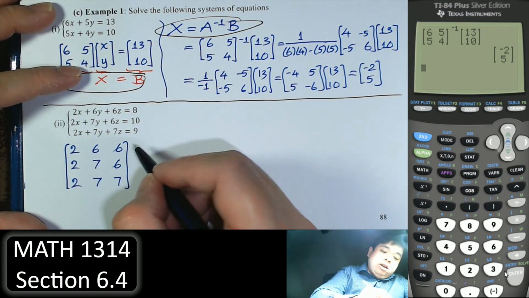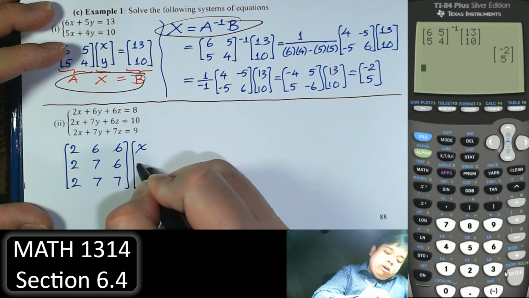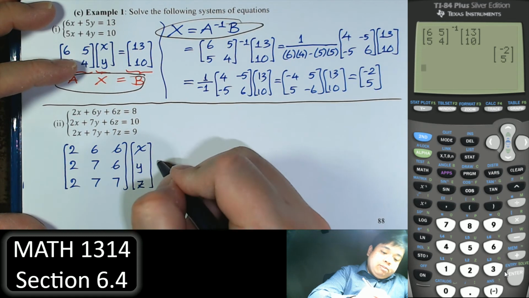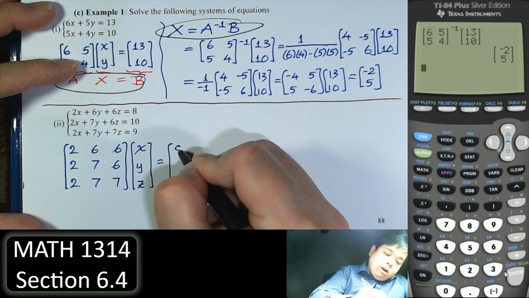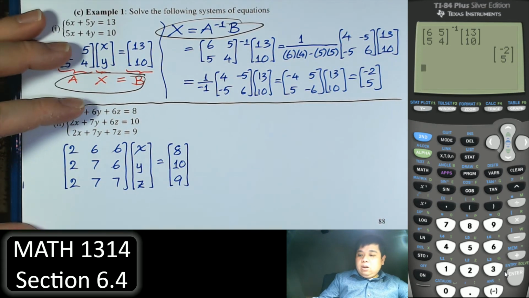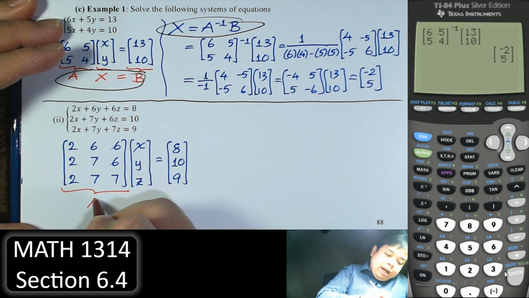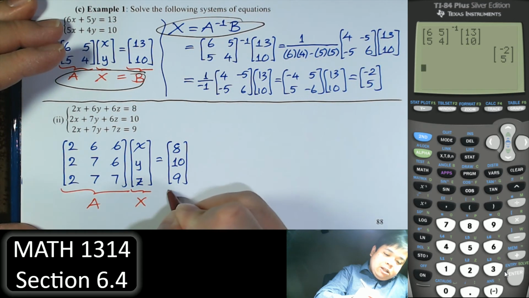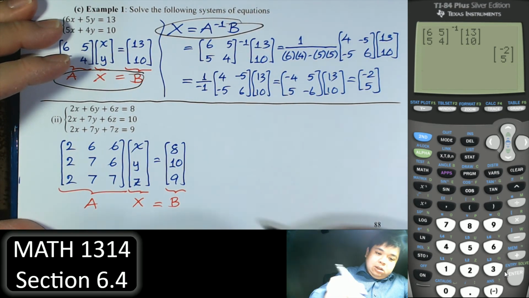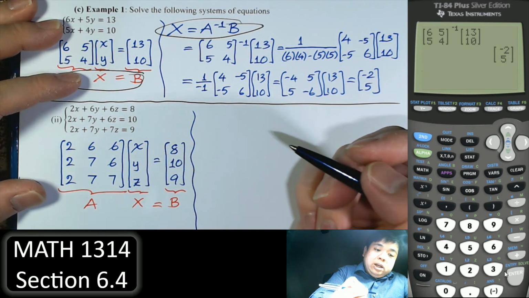The coefficient matrix, so that is A. Next, variables stacked in a column, a vector, into a column, and then another column on the other side. Right, so here we have A times x equal to B. So A times X equal to B.